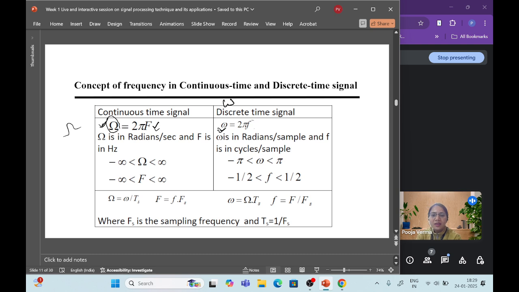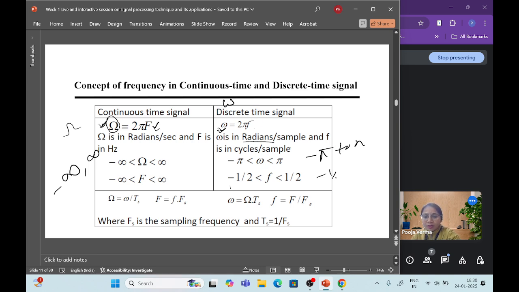Omega is in radian per second, and F is in hertz, while in discrete time omega is radian per sample, not per second, and f is in cycle per sample. In continuous time, omega and F vary from minus infinity to infinity, and in discrete time omega varies from minus pi to pi, and f from minus 1 by 2 to 1 by 2.